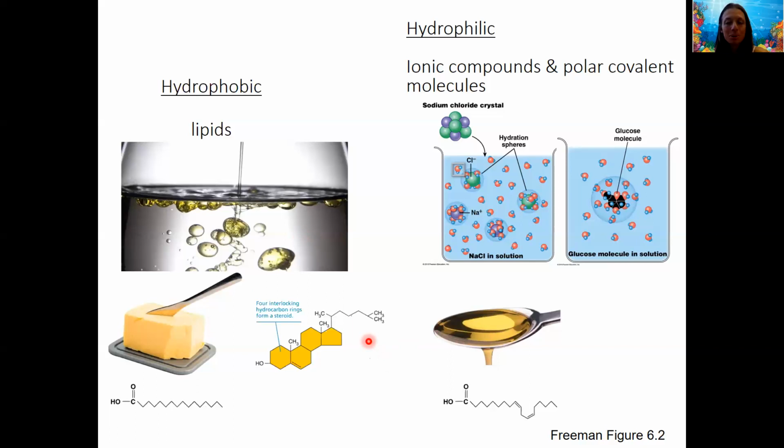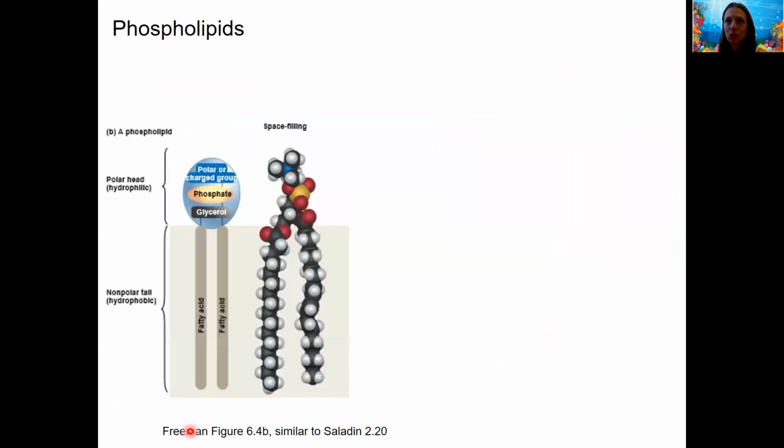Our lipids are butters and oils, what you know from your everyday life, with the steroids, and phospholipids are a little bit hydrophobic and a little bit hydrophilic. That's called amphipathic. So phospholipids have a nonpolar portion. As you remember, fatty acids are one of the building blocks of phospholipids, and these molecules are in your chapter, in your book, in lipids, because they are lipids, but they also have a polar portion to them, a hydrophilic portion, a polar head.